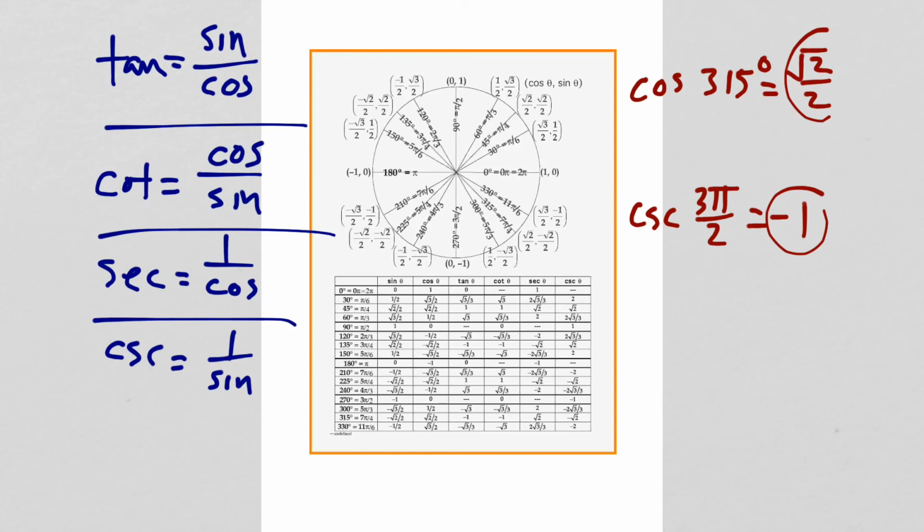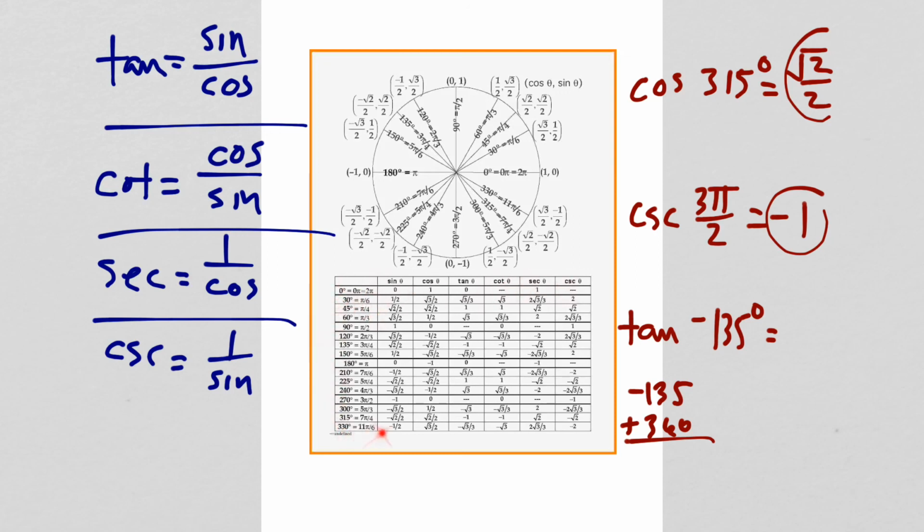If you're given a negative angle, so let's say we were finding the tangent of negative 135 degrees. So we need to find a coterminal angle of negative 135. We have to add 360, because notice, all of these angles right in here are between 0 and 360. Because 360 is the same as this row right here.